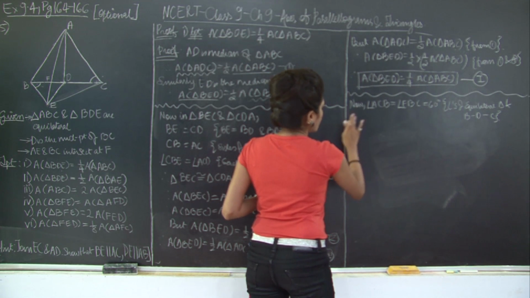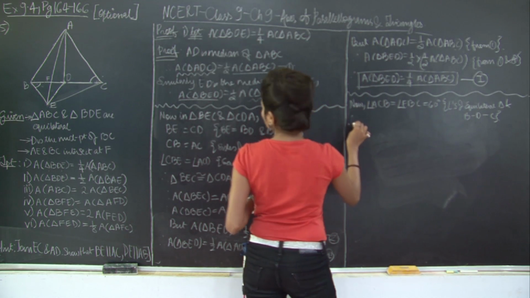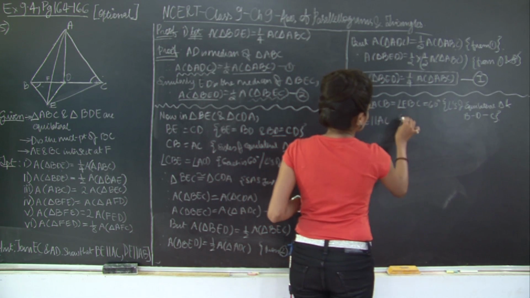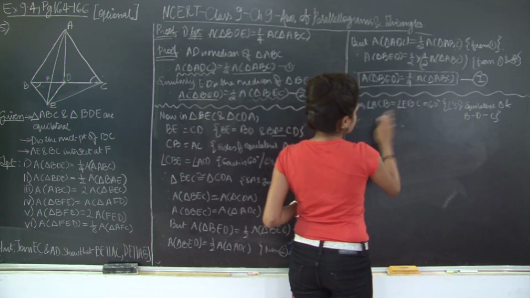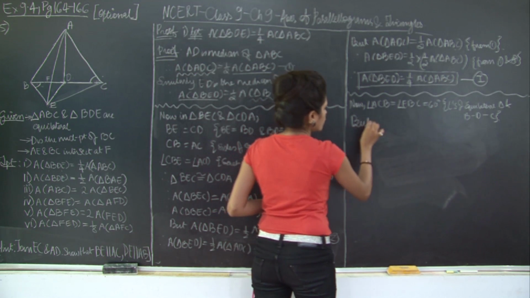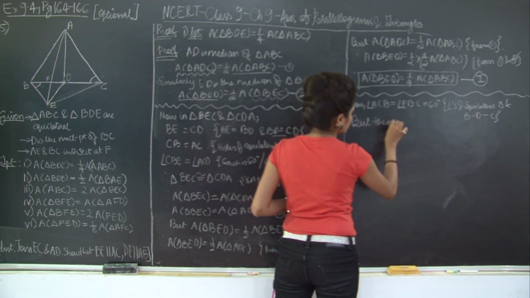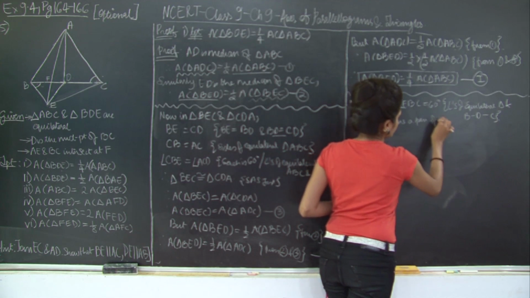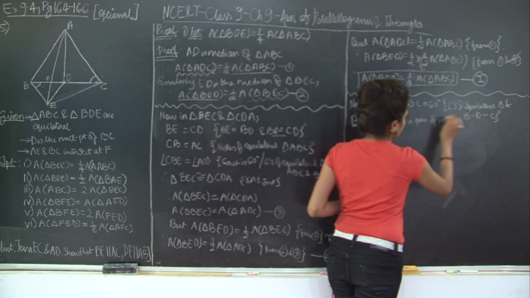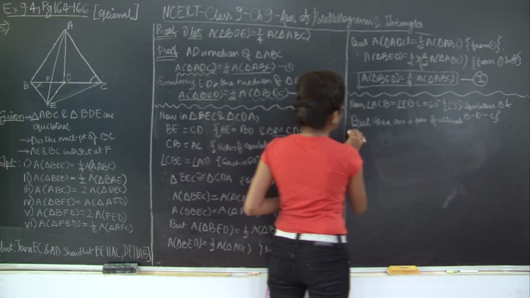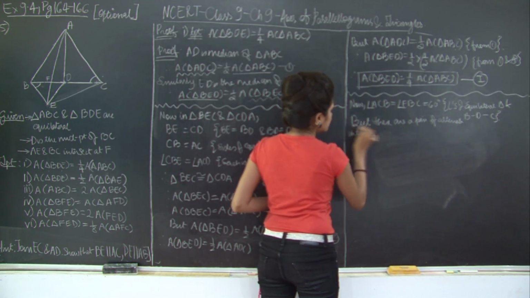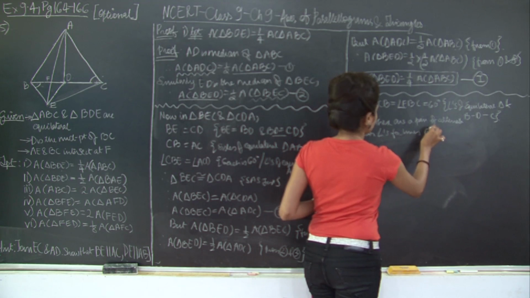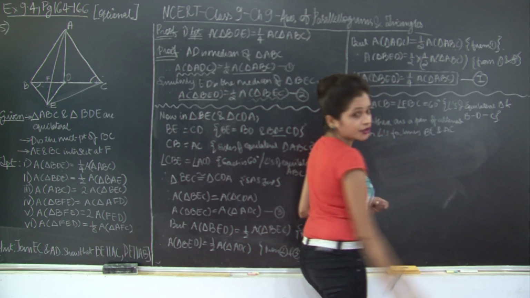But these are a pair of alternate interior angles for lines BE and AC, right?